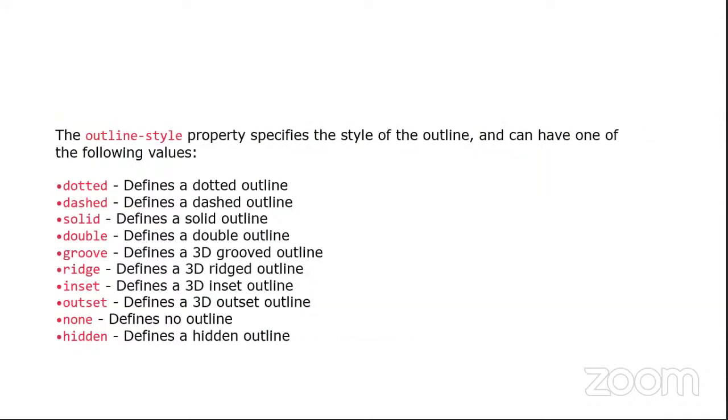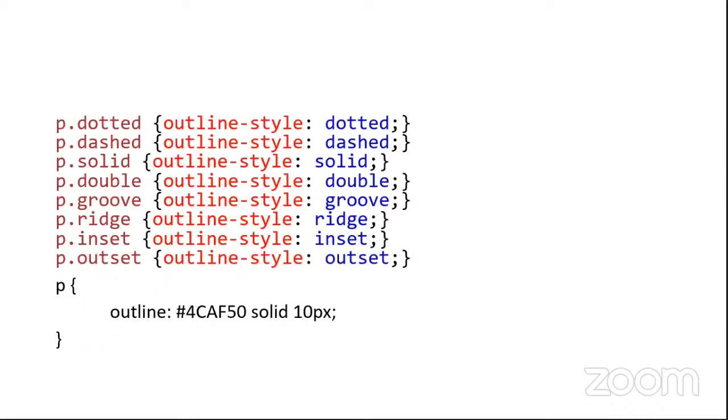So the outline is similar to the border, as we discussed border in the previous lecture. The outline style property specifies the style of the outline and can have one of the following values: dotted, dashed, solid, double, groove, ridge, inset, outset, none, hidden. As you can see, this is an example of outline style, like dotted, dashed, solid.